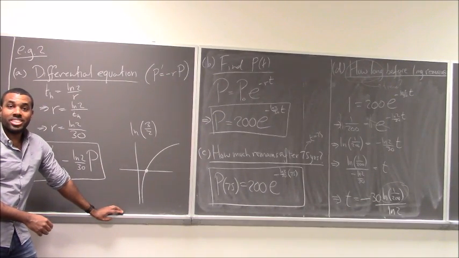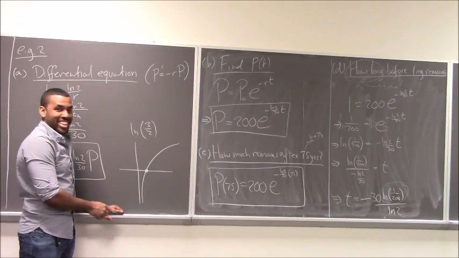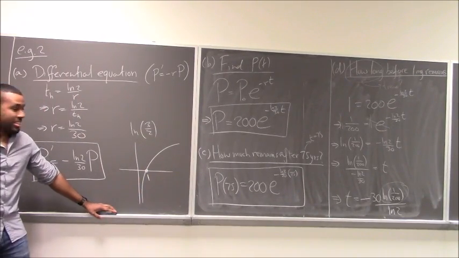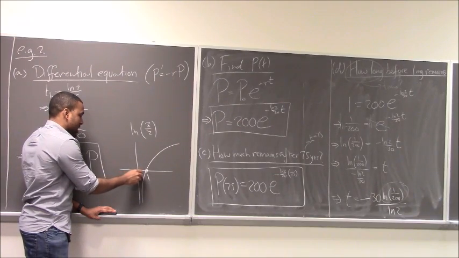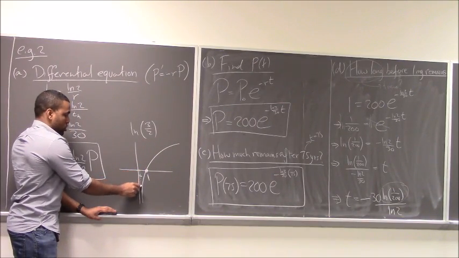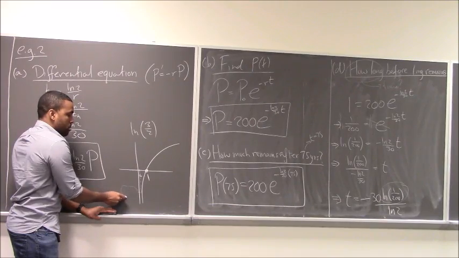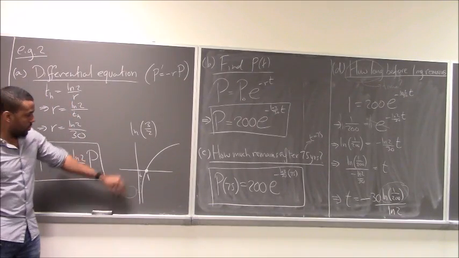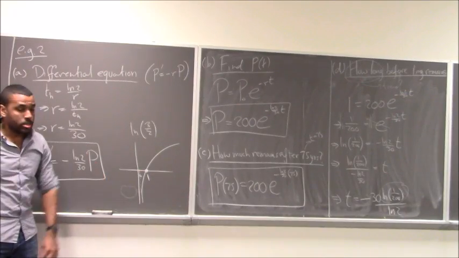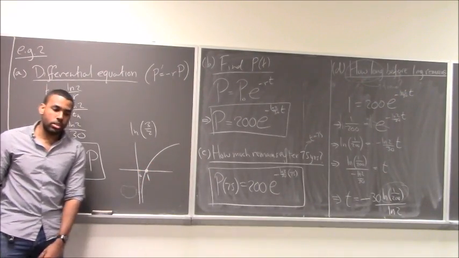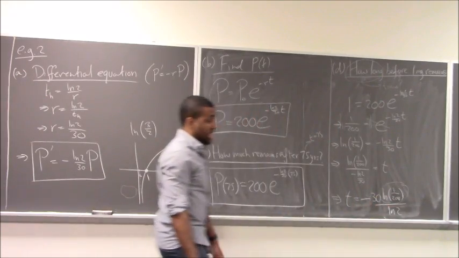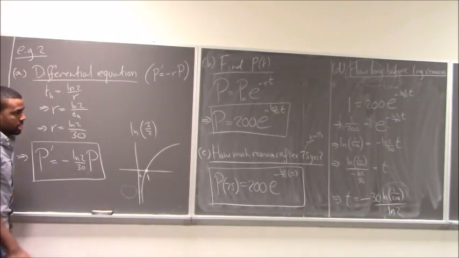It's actually 1, which means 1 over 200 is over here, right? That's a fraction that's less than 1. And so the output would be a negative number. So if you're taking ln of anything between 0 and 1, it gives you a negative number, and bigger than 1, it gives you a positive number. So ln of 1 over 200 is a negative number.